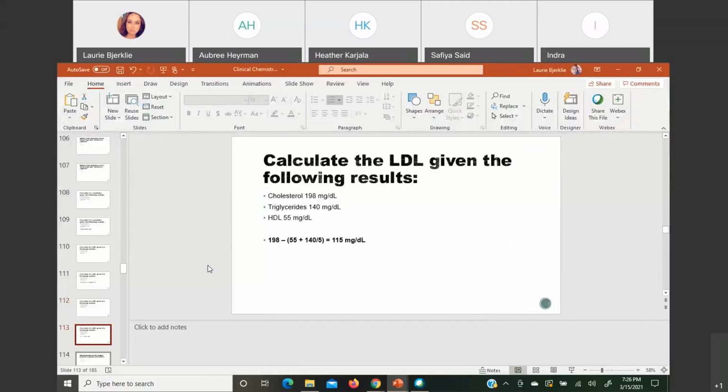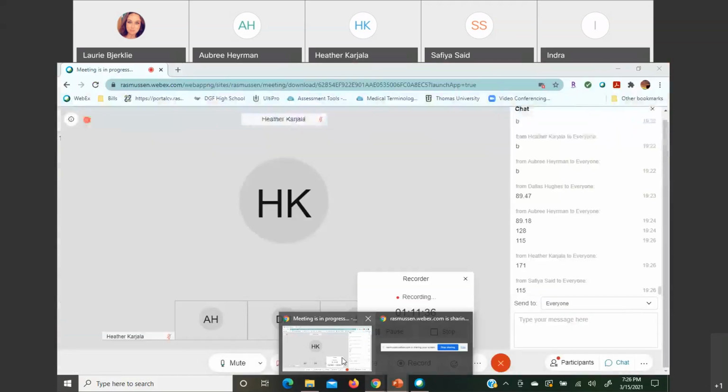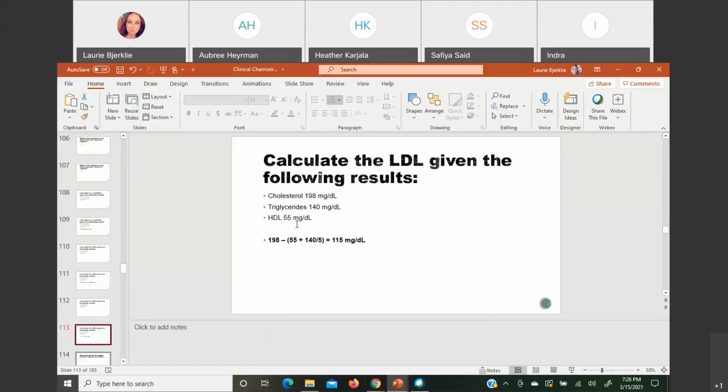Let's take a look. So the calculation is cholesterol minus your HDL plus triglycerides divided by 5. So you do what's in the parentheses first. So do the triglycerides divided by 5, add it to your HDL, and then you can subtract it from cholesterol to get, in this case, 115 for your LDL. So it just depends on the order that you do it in. That will make all the difference in the world. So you have to do the parentheses stuff first, and then you can subtract.